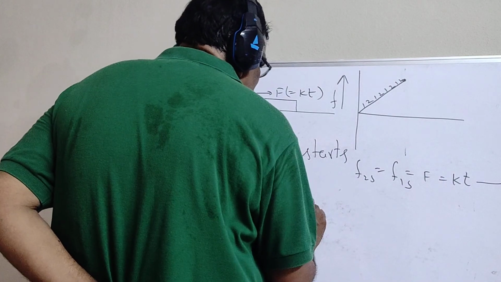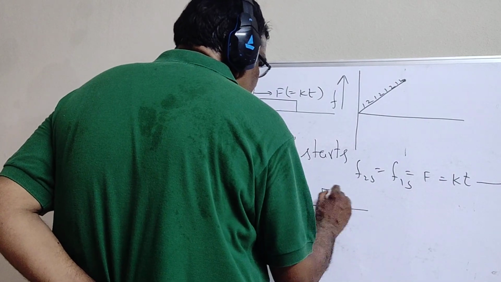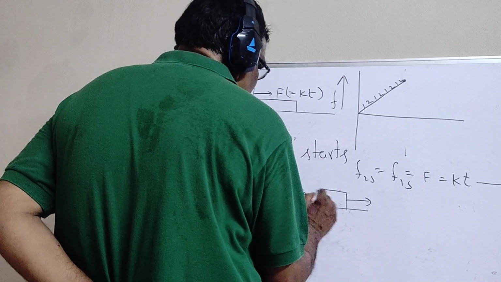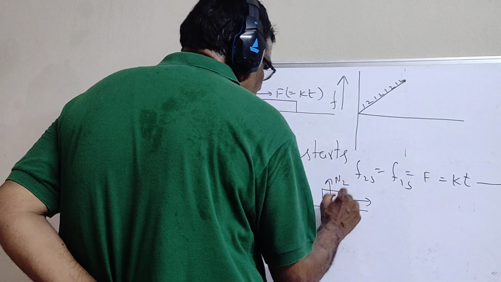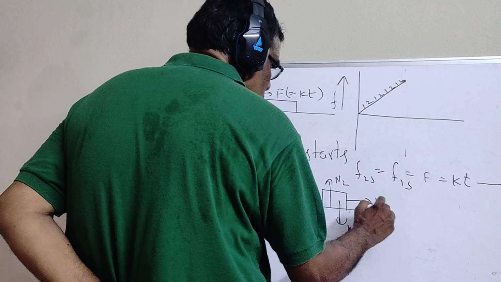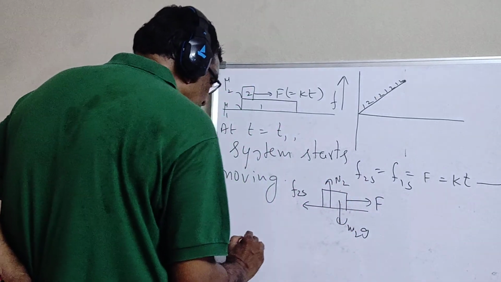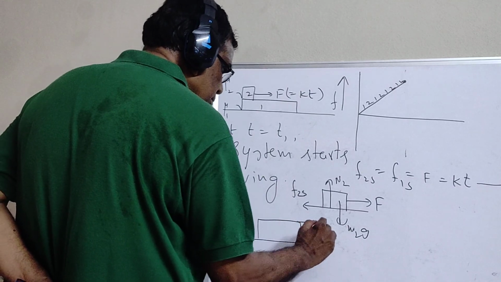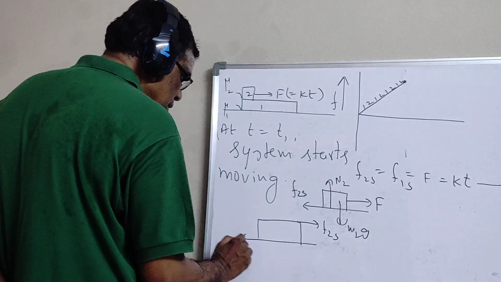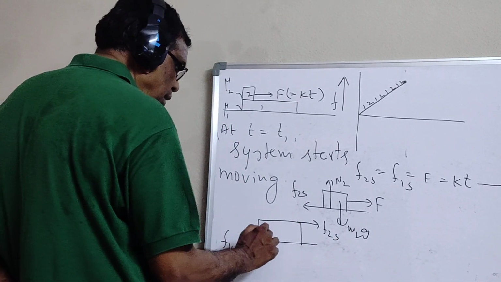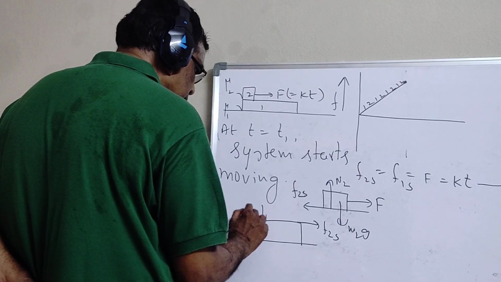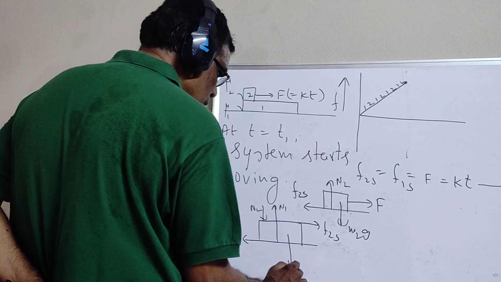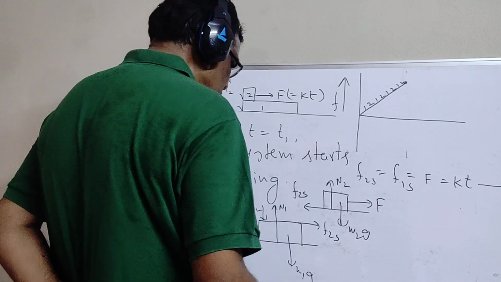So how do you write it? For the upper body, F2S, N2, N2G. Okay? But for the lower body, F2S, F1L, N2, N1, M1G.